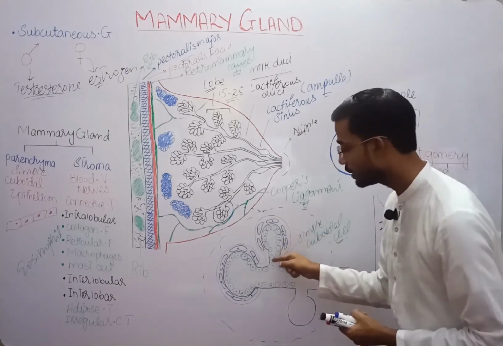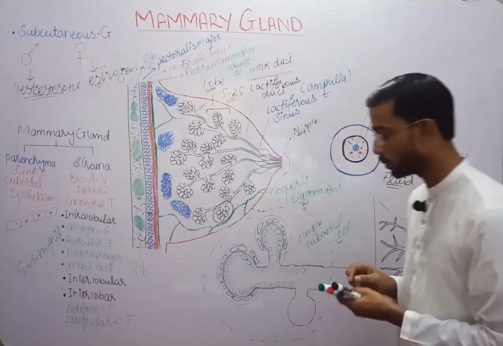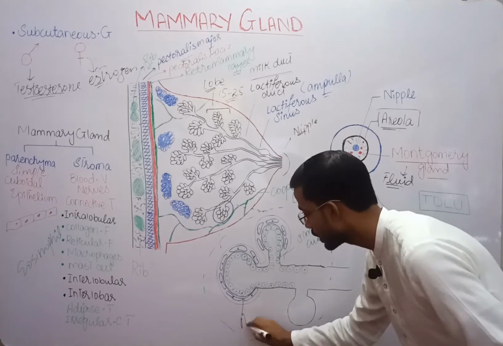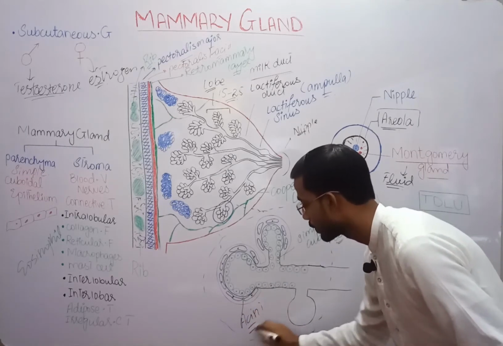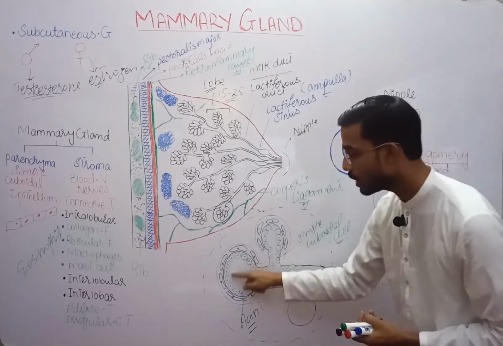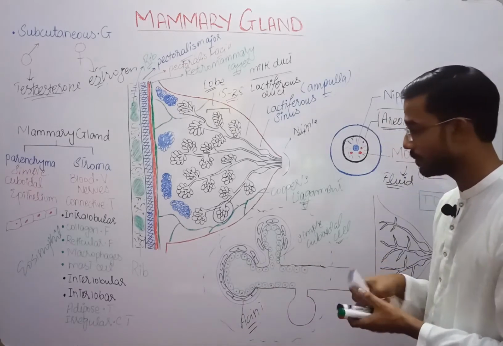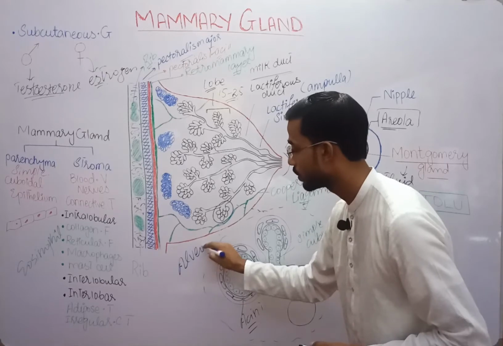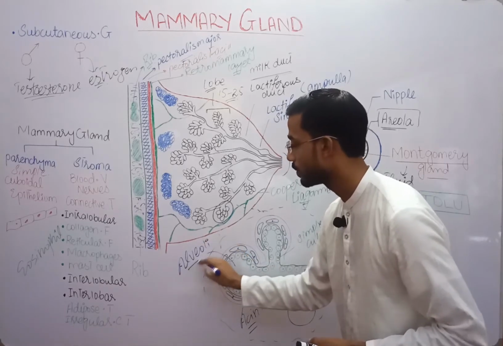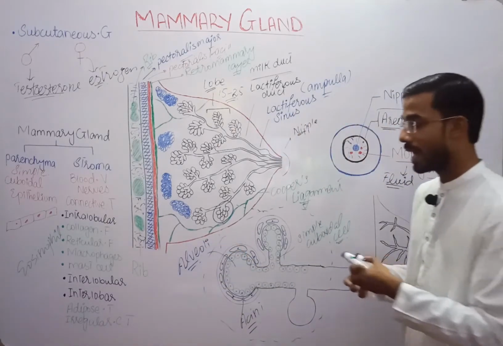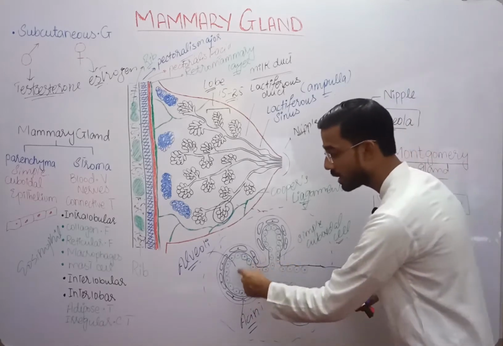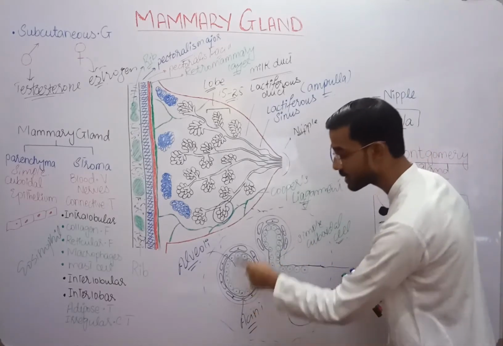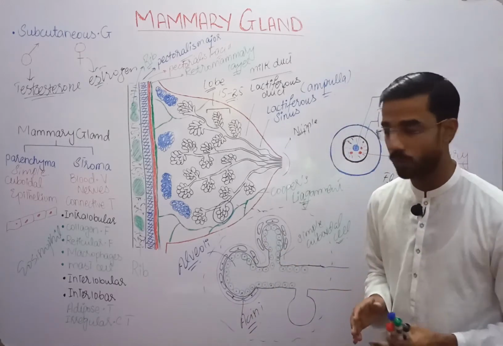Actually, the cells which surround the lobule are called acini. And the cavity formed in it is the alveoli. An alveolus is actually a cavity or sac-like structure, and acini are the cells which surround that alveolus.